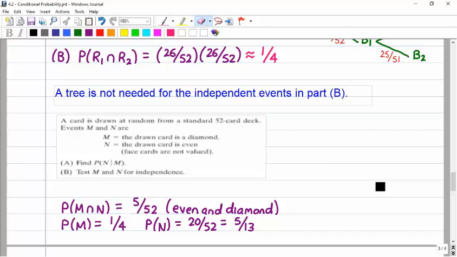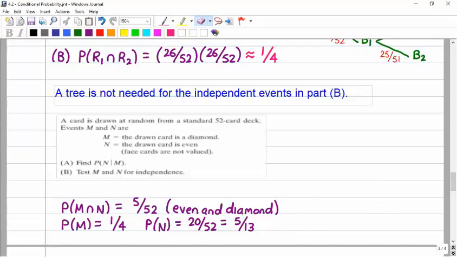So here's another one, our 52 card deck. We're defining M as a diamond and N as an even card, not counting face cards. So for you blackjack players, we're not counting face cards as 10 value cards. When we say even, we literally mean the numbers 2, 4, 6, 8, 10.